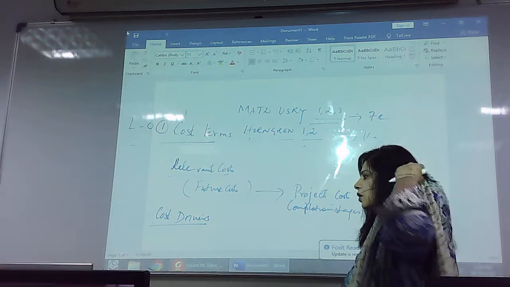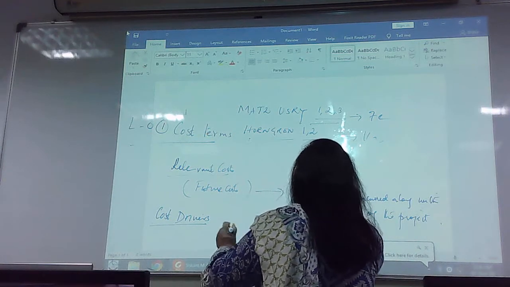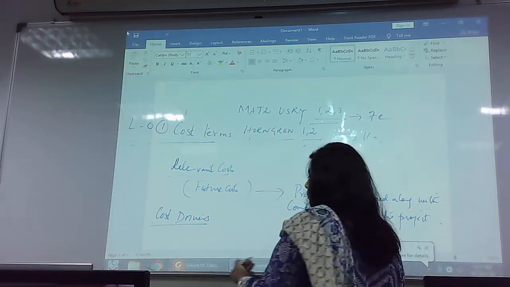Okay. So now the cost drivers, another term we might come across. Cost drivers are things that move up the cost.